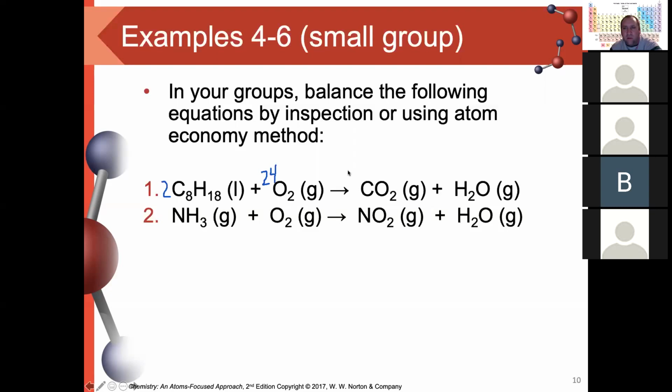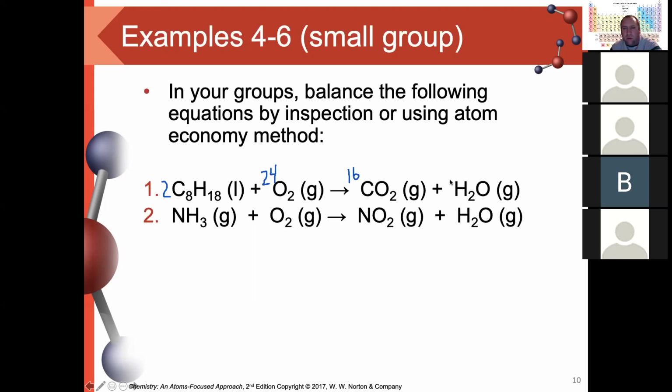That'd be 16 multiplied by. Okay. And then the water. I think that's where I messed up.